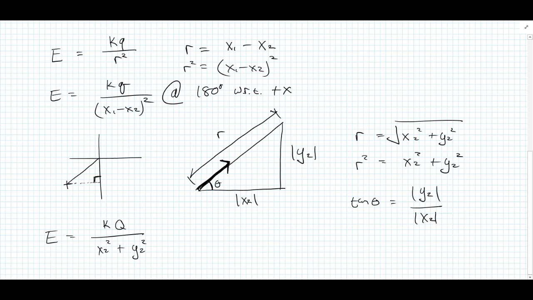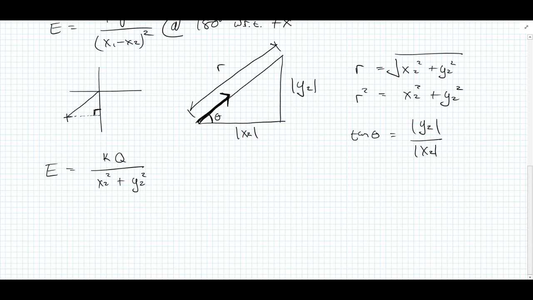I need to put absolute values around there in case one of these coordinates is negative. In this case, x2 is a negative number, and the ratio here needs to be positive if I'm going to get that angle right there. So that means that the angle itself is the inverse tangent of that ratio, y2 over x2, absolute values. And I could calculate that.